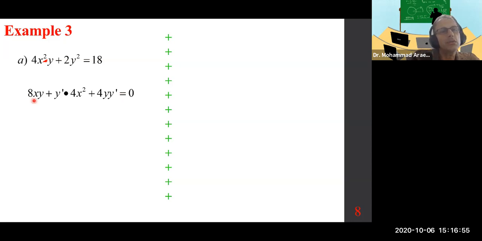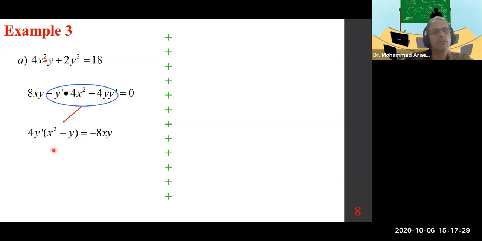You're going to move 8xy, because you're solving for y prime, remember that. 8xy becomes negative 8xy, and you're going to factor out the y prime. And since we noticed there's a common factor of 4, we actually take the 4 also out. And so when you divide the right side by 4 times x squared plus y, the 4 drops.